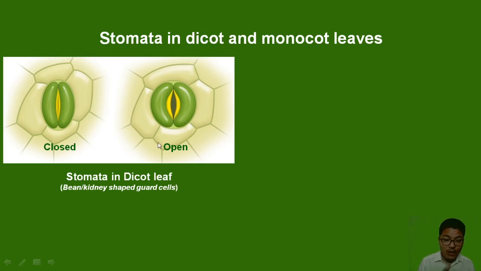If you observe the guard cells, the shape of the guard cell is red bean shaped or kidney shaped. So in dicot leaves, they mostly have kidney-shaped or bean-shaped guard cells which are guarding the stoma or stomata.